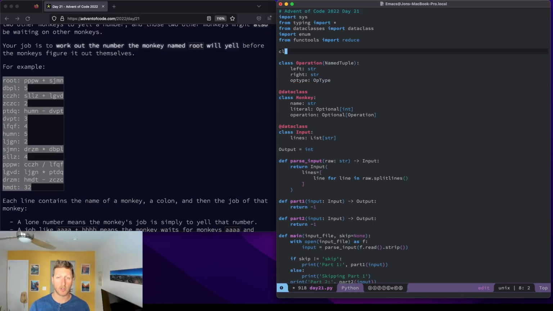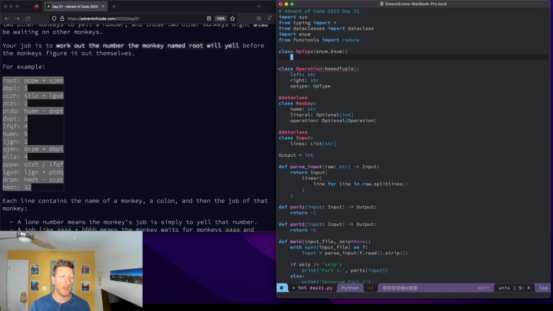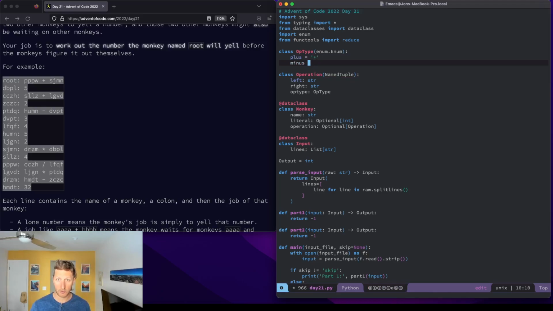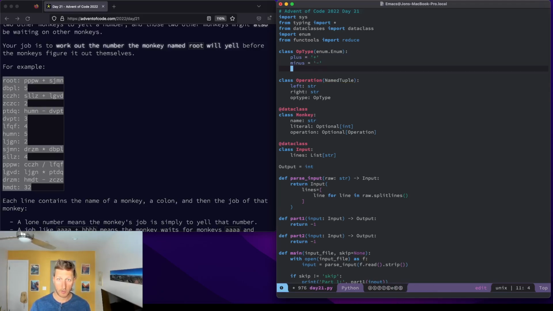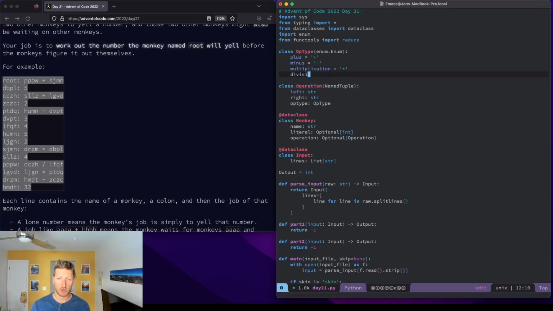And then we'll do class op type, which is an enum, and this is either plus, minus, times, multiplication, and division. We'll call this subtraction and addition. Nice. 1, 2, 3, sweet.